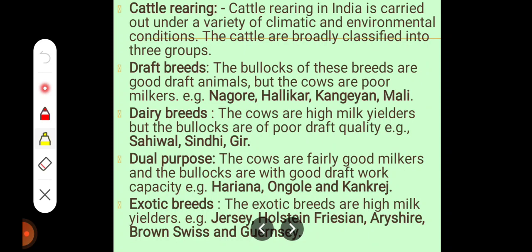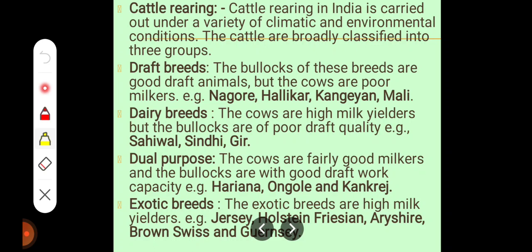Then dairy breeds, where the cows are rich milk yielders, but the bullocks are of poor draft quality. For example, Sahiwal, Sindhi, and Gir. Dual purpose: the cows are fairly good milkers and the bullocks have good draft work capacity.